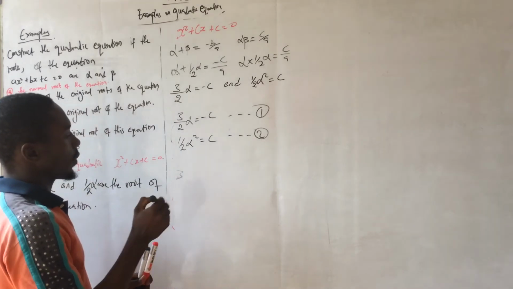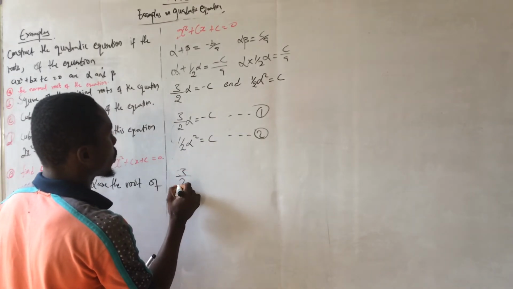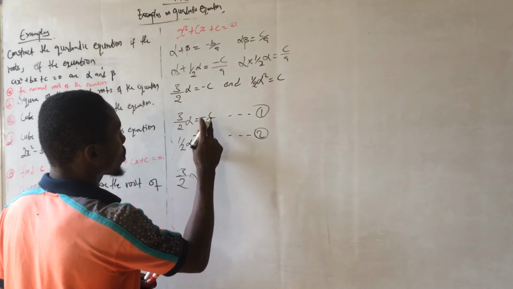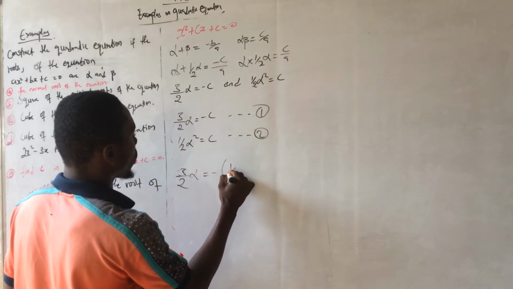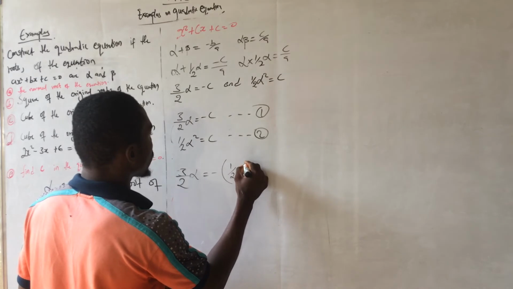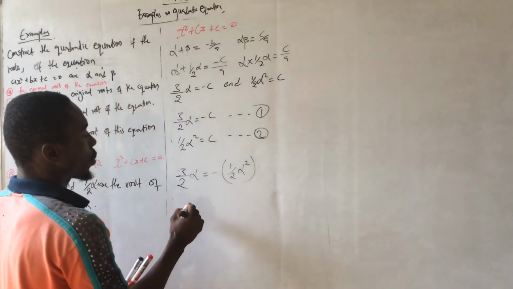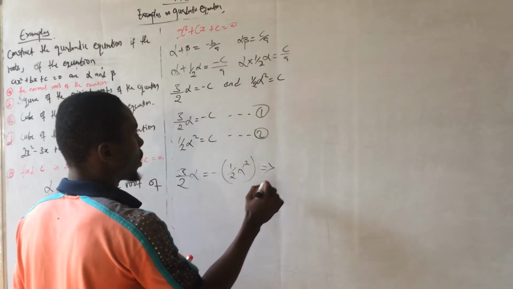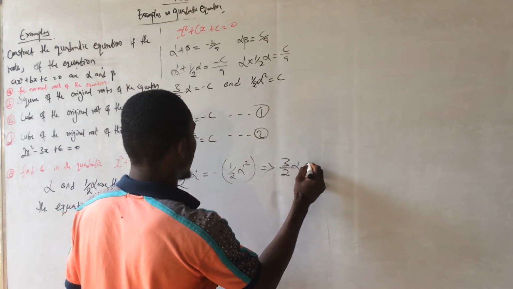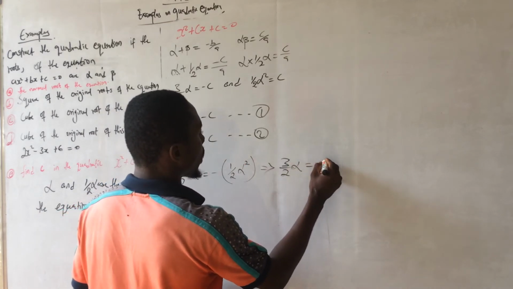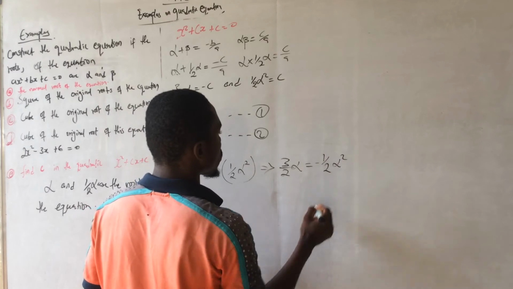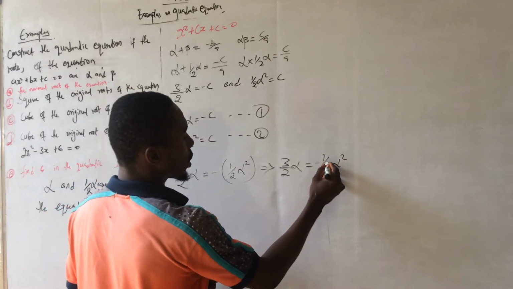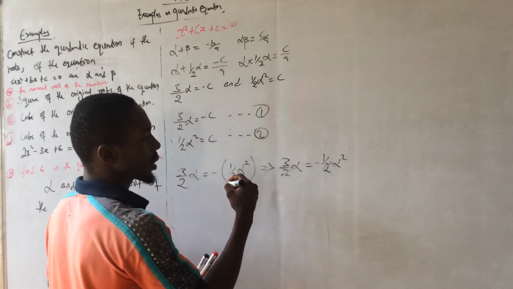I'll now say 3 over 2 alpha is equal to negative 1 over 2 alpha squared. So furthermore, this is going to give me 3 over 2 alpha is equal to minus 1 over 2 alpha squared.